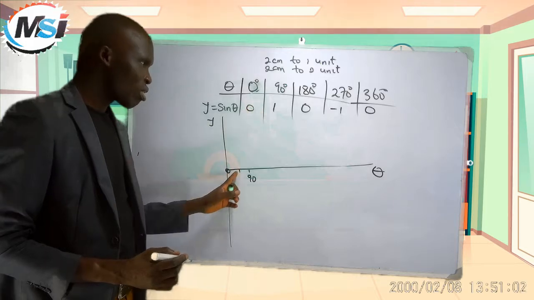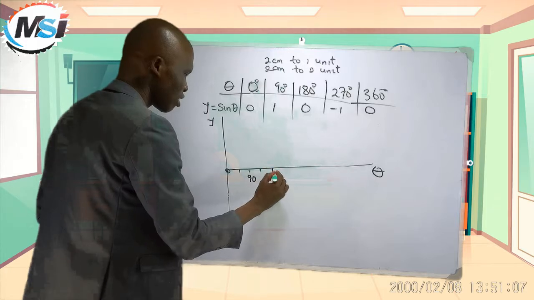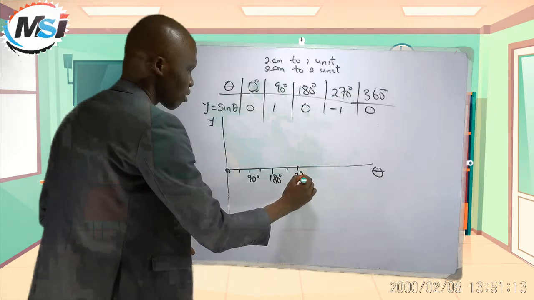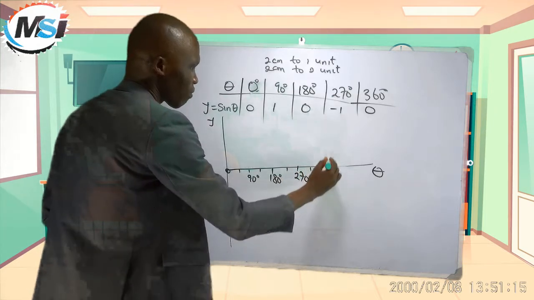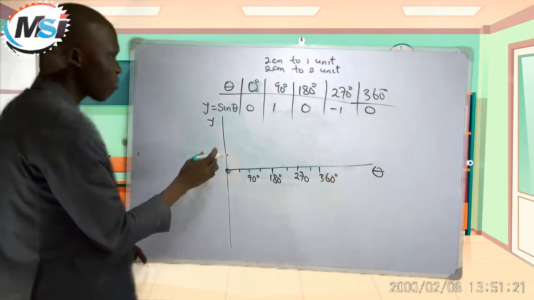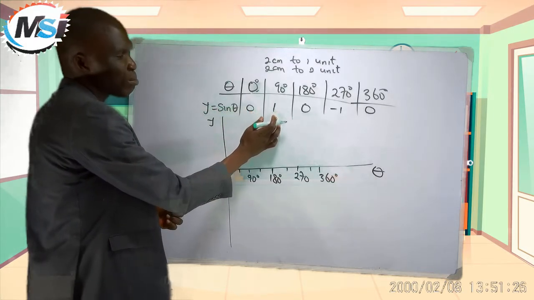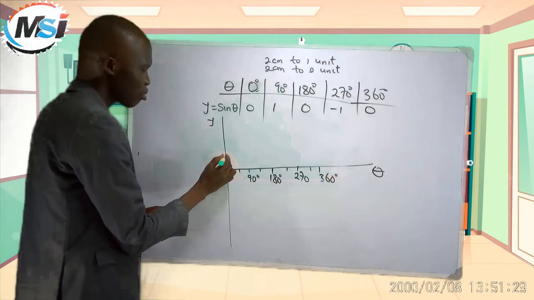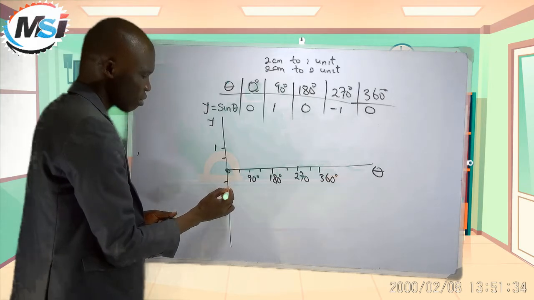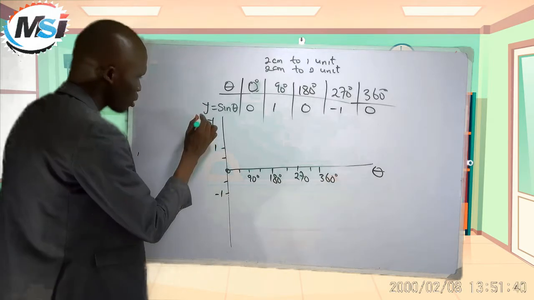From 0 degrees to 90 degrees, then you have 180 degrees here, you have 270 degrees here, you have 360 degrees here. Now you discover that the highest value of y is 1, so let's make it 2 units also here. We have 1, then this is minus 1.